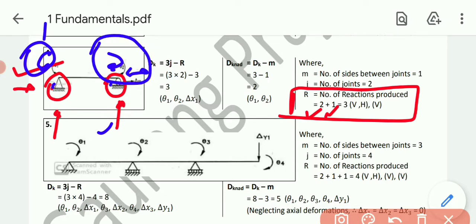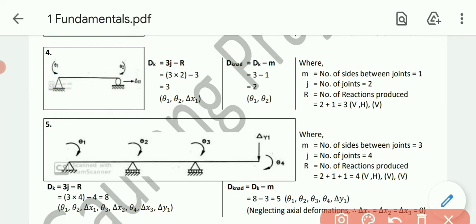So this is 1 plus 2, my answer of DKI will definitely be 3. I have not even started the sum, but I can calculate the answer by the simple basic concept of the number of reactions produced. So I need to calculate the displacements which will be required to make it 3.